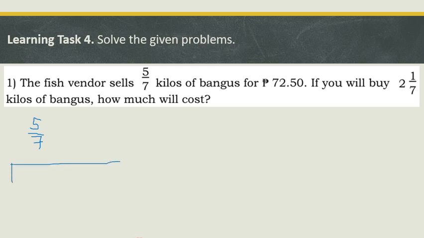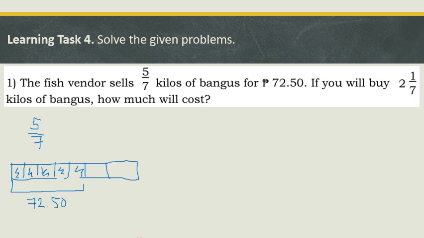So, kung sa 7 na hati, so 1, 2, 3, 4, 5, 6, 7. So, 7 na hati, ang 5 daw, ang binayaran niya sa 5, 5/7 ay 72/50.